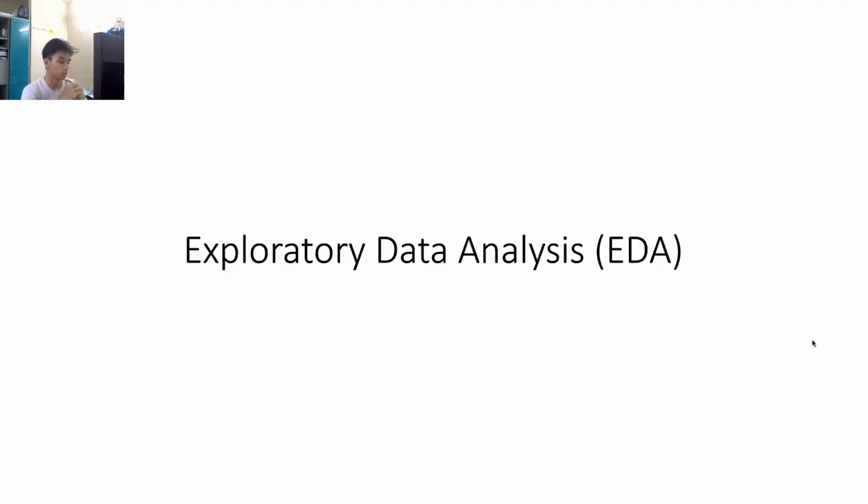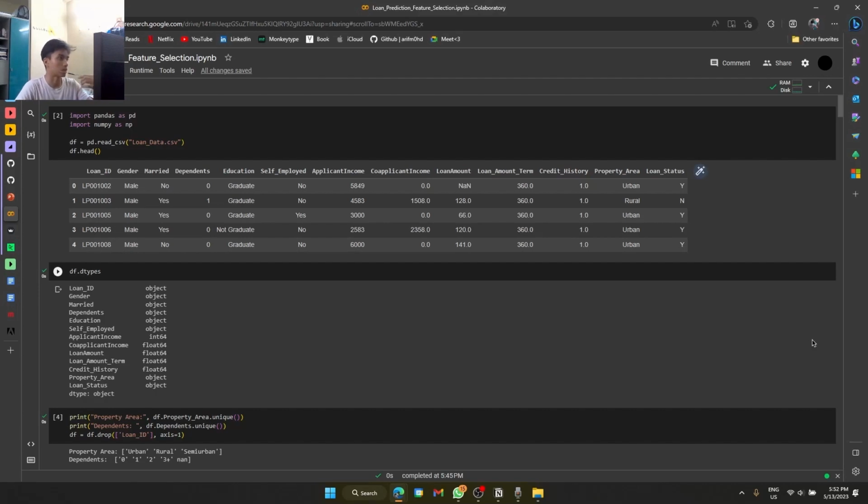Okay, hold up. This is our code for our assignment. First up, we import the necessary libraries, which are pandas, named as pd, and numpy, as np. Pandas is to load in the data, and numpy is for mathematical calculations.